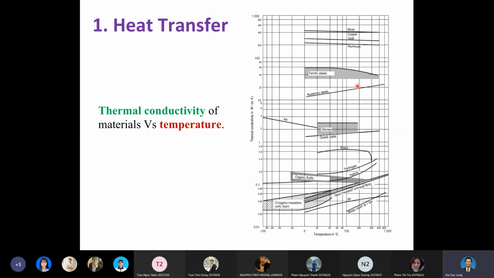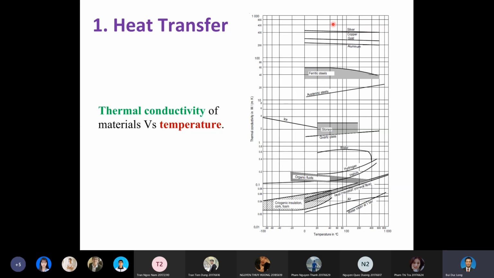And for other solids, for example metals or alloys, such as austenitic steel or ferritic steel, the thermal conductivity is now very high already, about 60 watt per meter Kelvin. And of course for other pure metals, for example aluminum, gold, copper, or silver, the thermal conductivity is much greater.